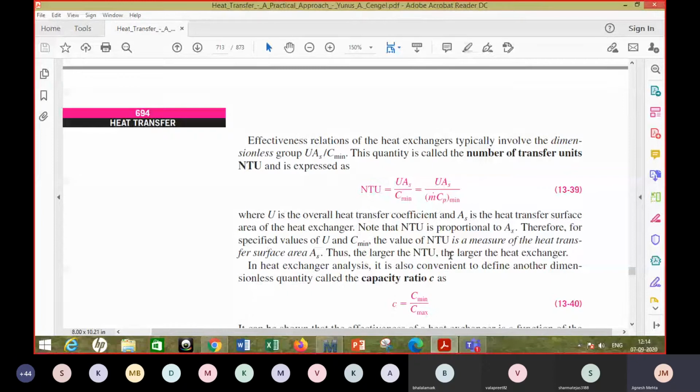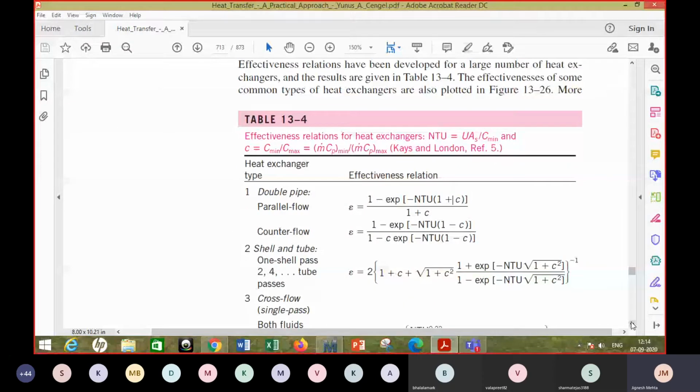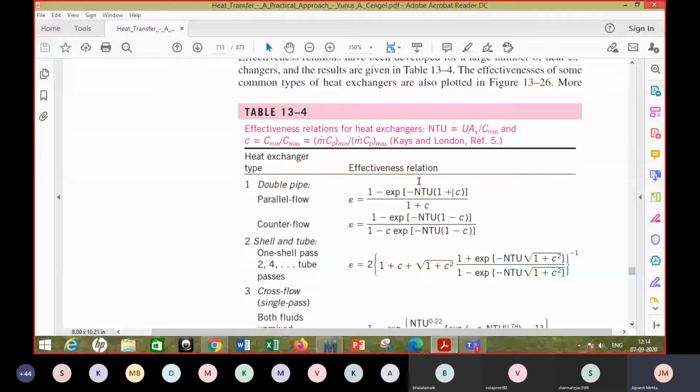So similar to what was done for the parallel flow heat exchanger, in a tube-in-tube type of heat exchanger, this is the relation between NTU and the heat capacity rate.